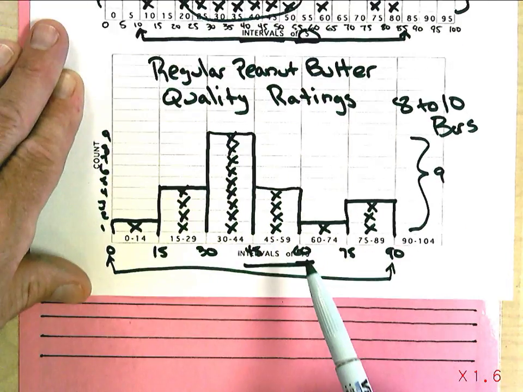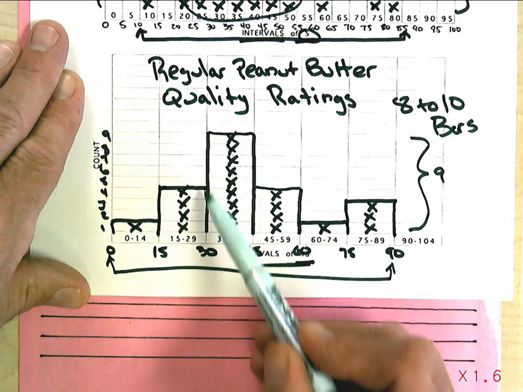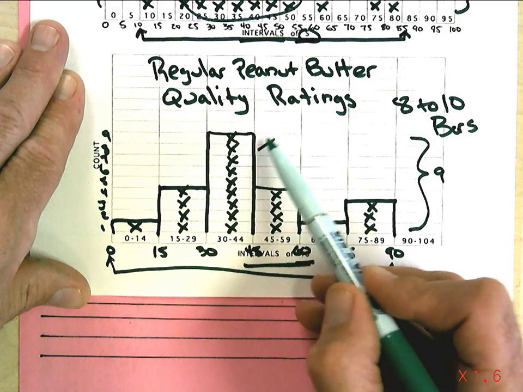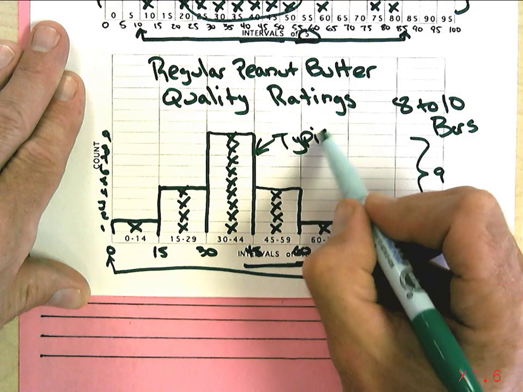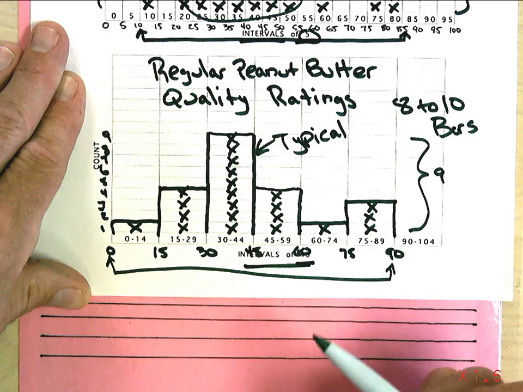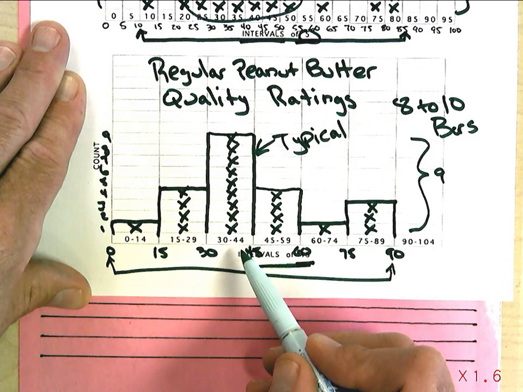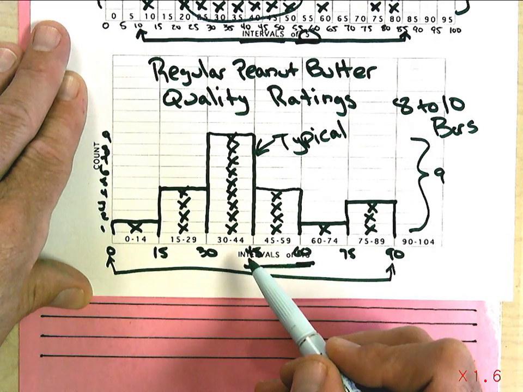And the same thing in this one. If you look at this, the 30 to 44 is what we would call typical or most common, or where the ratings for regular peanut butter mostly fall.